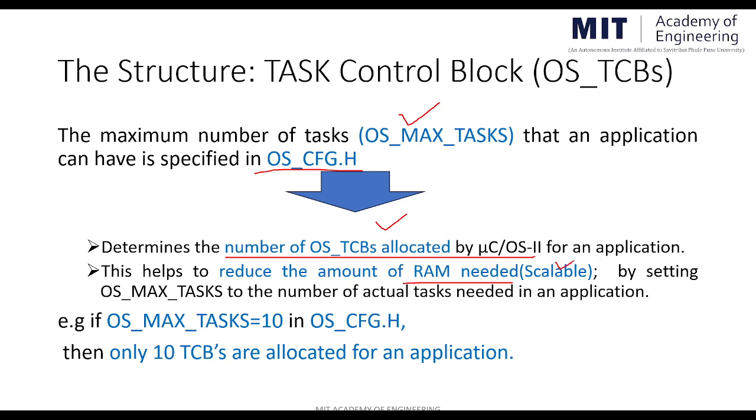For example, if OS maximum tasks is equal to 10 in the osconfig.h file, then only 10 TCBs are allocated for an application, so only that much RAM is utilized. So we can prove that MuCOS2 is a scalable operating system. So that is all about the task control block.